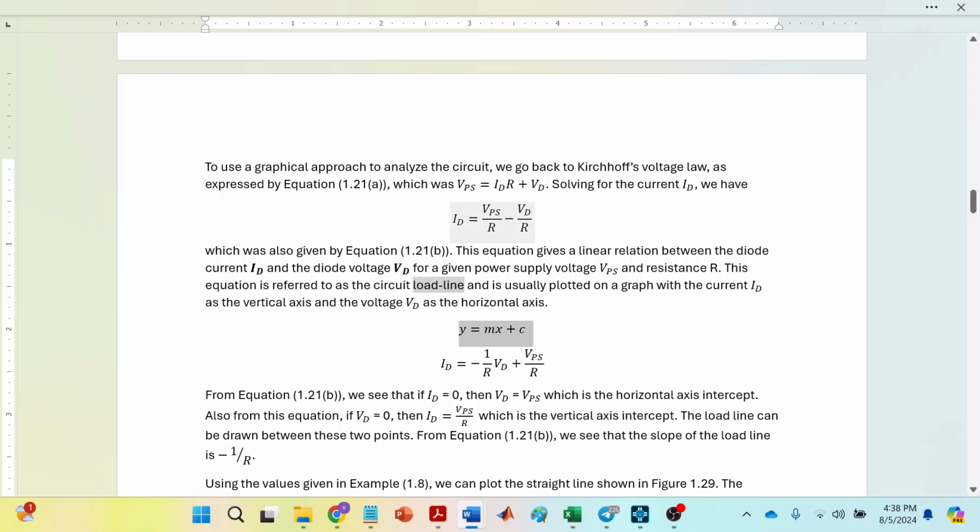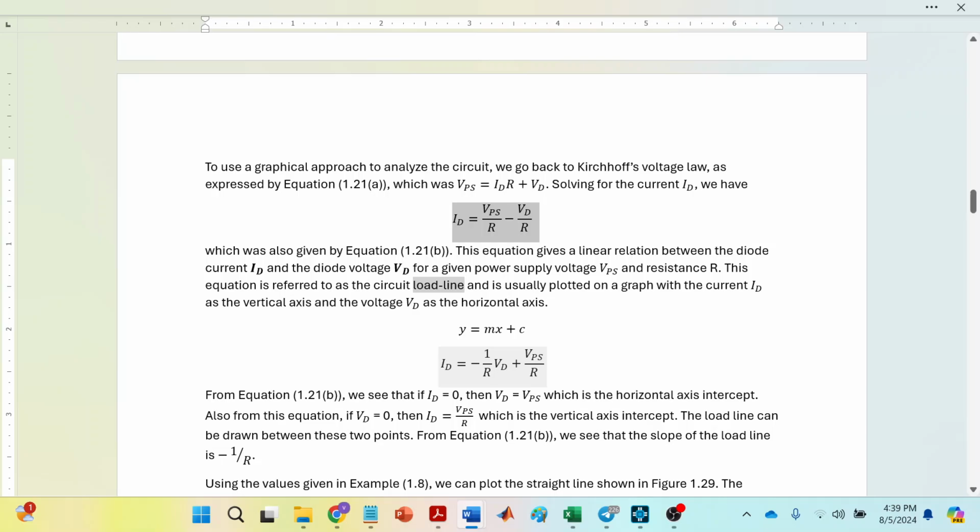And remember, when we're talking about the IV characteristic curve, the I is always on the y-axis, while the V is always on the x-axis. So putting the I on the y-axis and this VD on the x-axis, we put this linear equation in this form, so we are interchanging it.